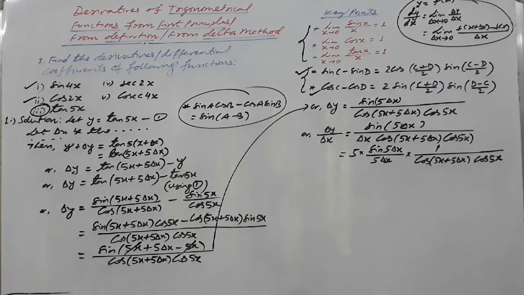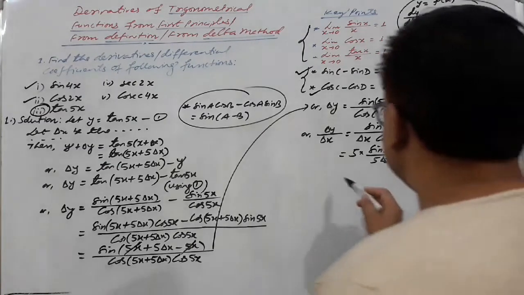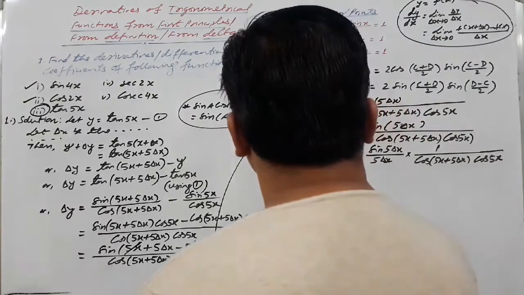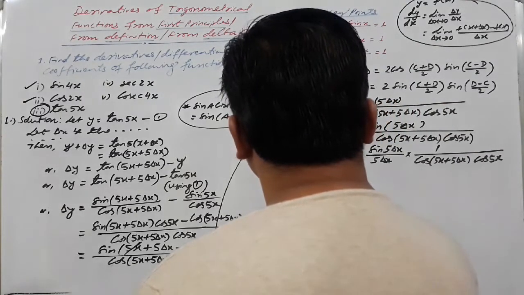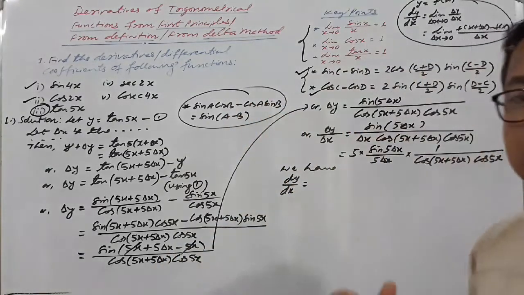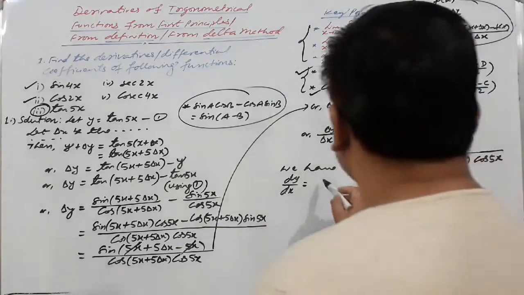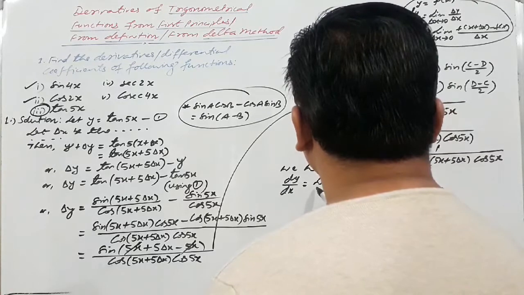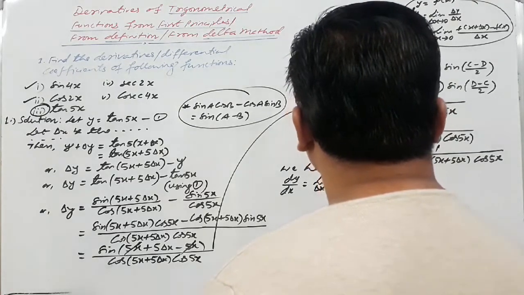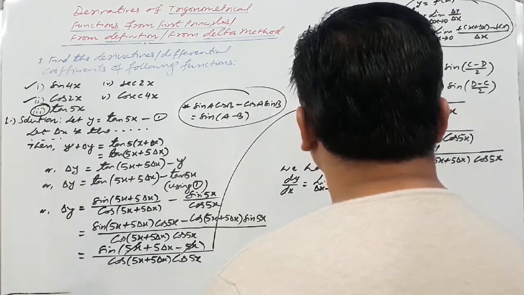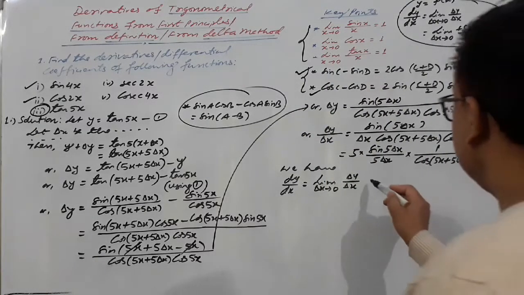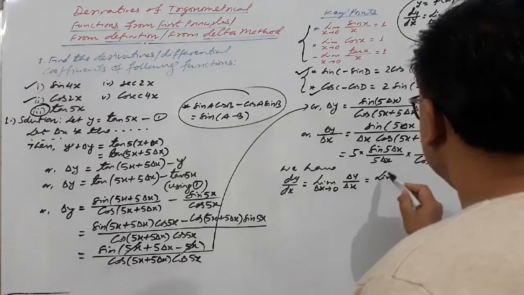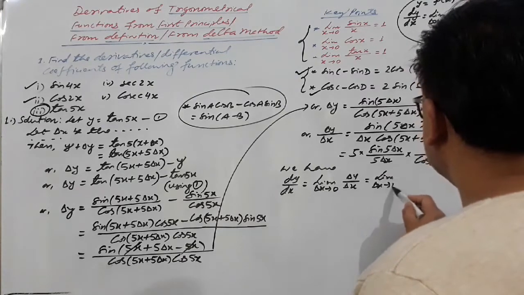So easy. Now we can apply the definition. We have dy by dx, or you may write by definition, limit of delta y by delta x as delta x tends to 0 is equal to limit delta x tends to 0.